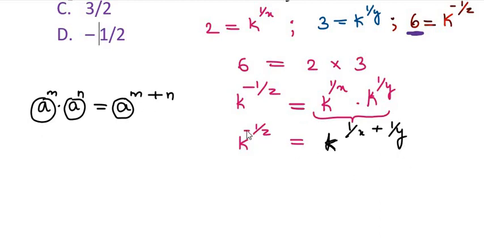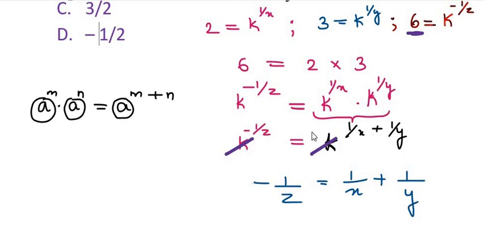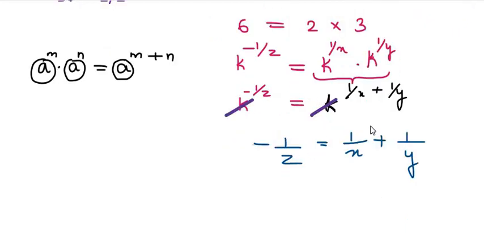Once we have the bases the same on both sides, we can cancel off the bases and write minus 1 over z, which is the power on the left hand side, is equal to 1 over x plus 1 over y. We are just equating the powers once the bases are the same and we have cancelled them.